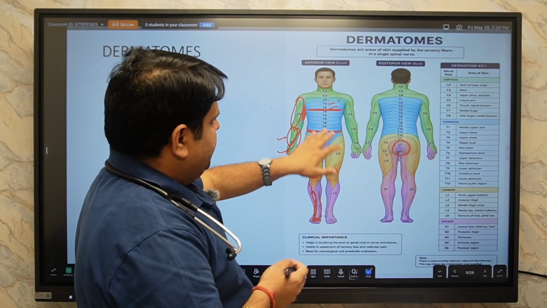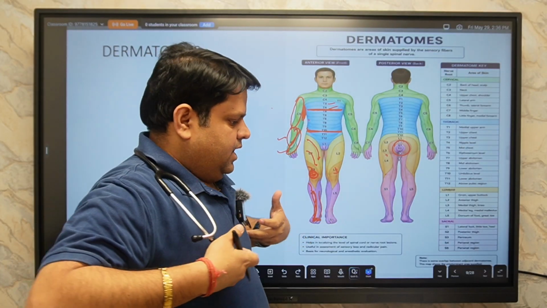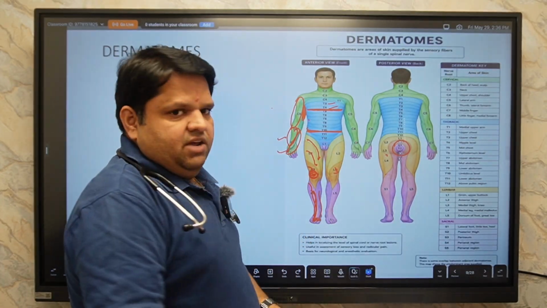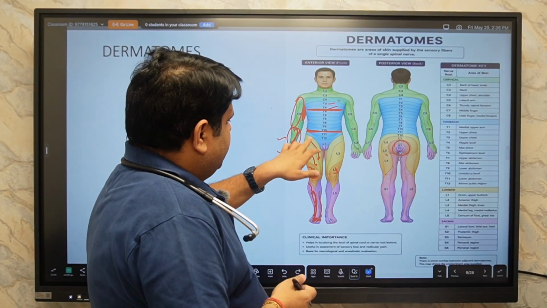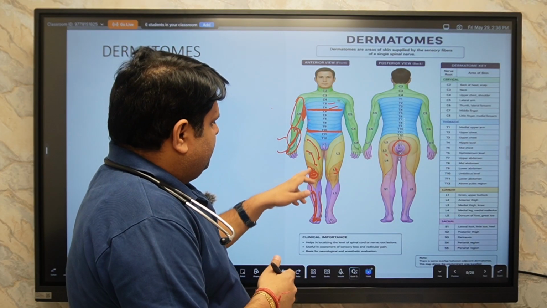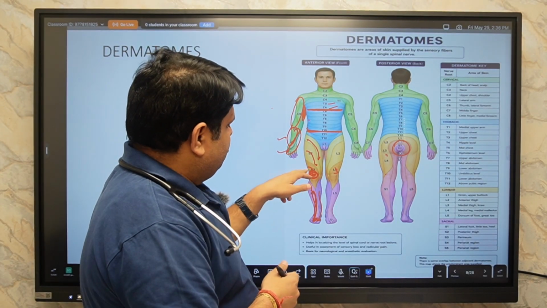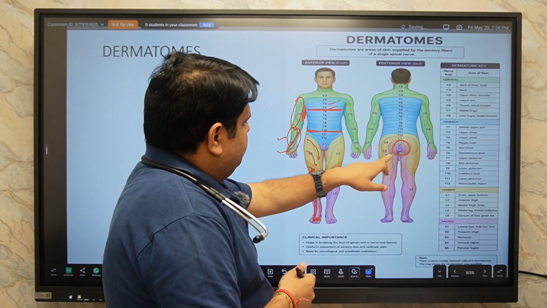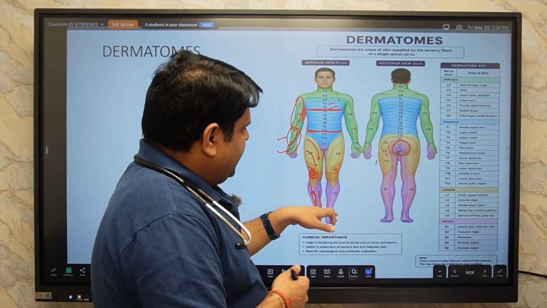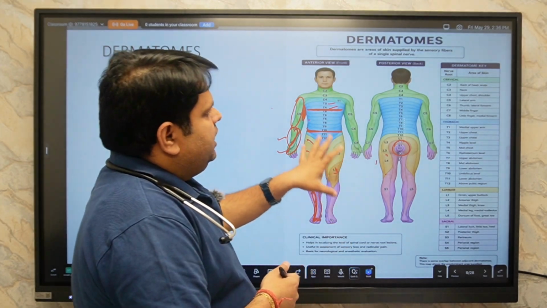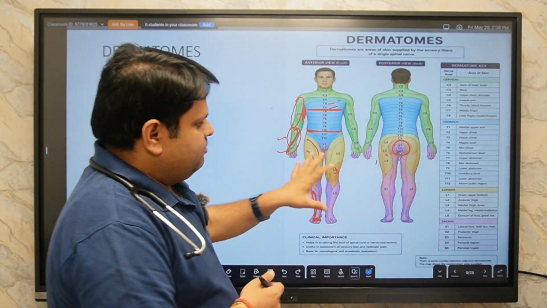After that, the trunk is supplied. T4 is at the level of the nipples, T10 at the level of the umbilicus, then L1 at the level of the groin, then L2, L3 on the anterior compartment of the thigh, L3 at the level of the knee, L4 on the back side of the thigh, L5 and S1 on the leg and the foot. So this is the basic dermatomal level in the body.